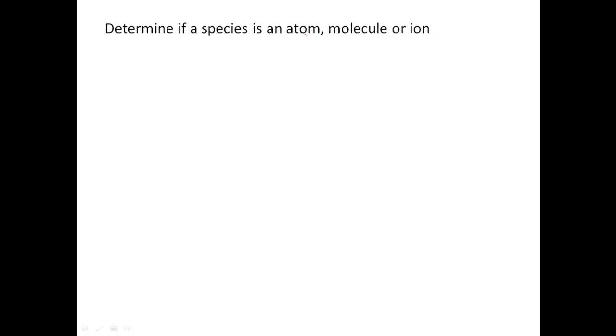Now, of course, in this section of the book, we talk a little bit more about atoms, which are individual particles of an element, and sometimes we may just see that as Ag, and we assume that that is one atom of Ag. If we put a 2 in front of it, it is 2 atoms of Ag, 2 atoms of silver.